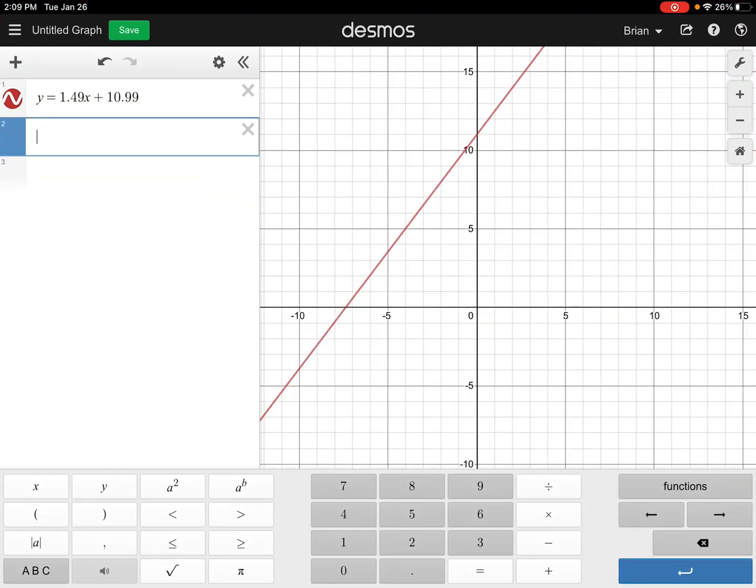There we go. All right, so we had y equals 1x plus 8.99. That was our small.